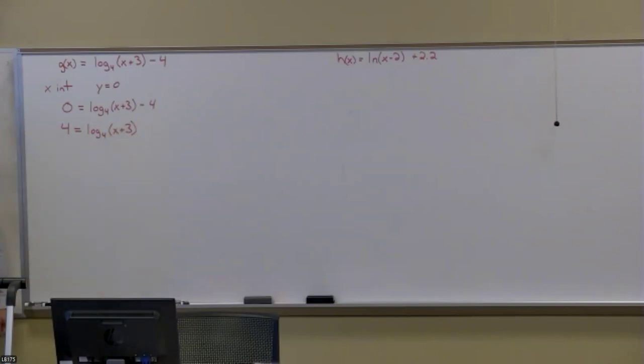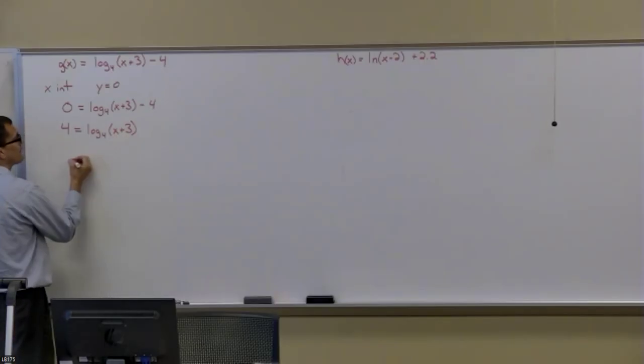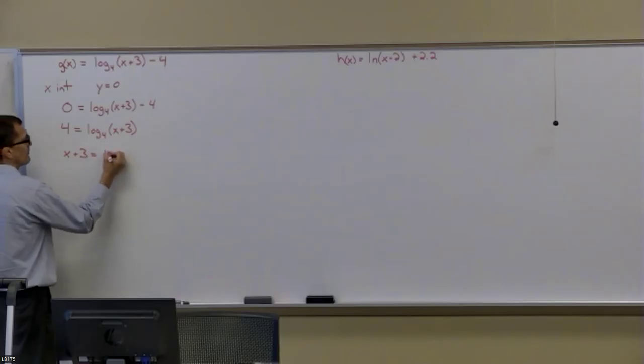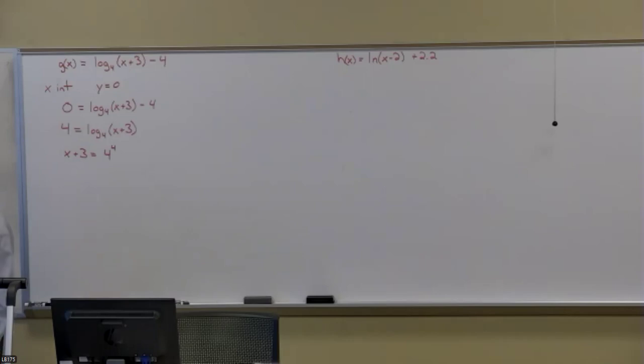And then I rewrite this as an exponential piece. Because of what we dealt with earlier, this x plus 3 has to be my base raised to the 4th power. That's going to be a pretty big number. That's fine. 256.